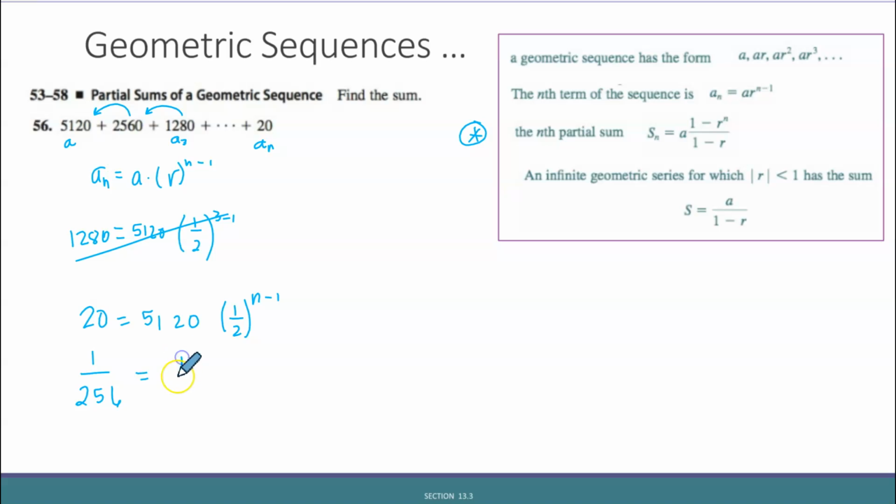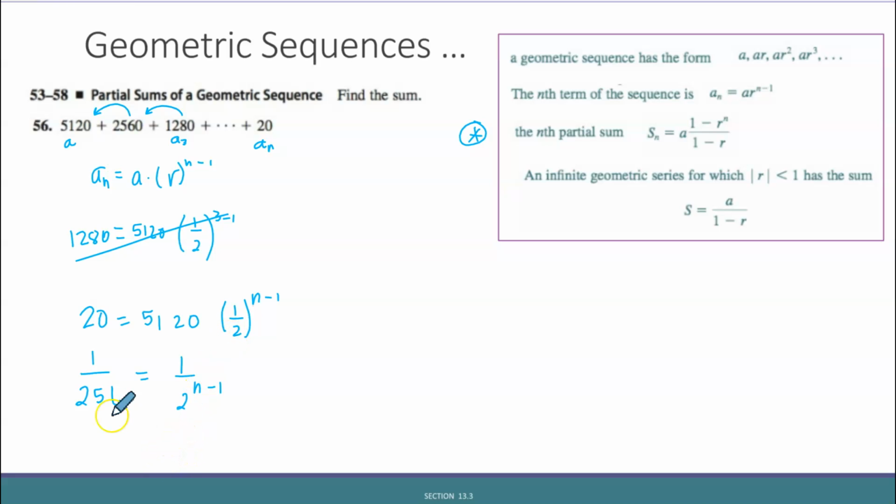Here we have 1 over 2 to the n minus 1. Because this is division, this power can be taken to the numerator, 1 to any power is 1, and to the denominator. That was our property of exponents.